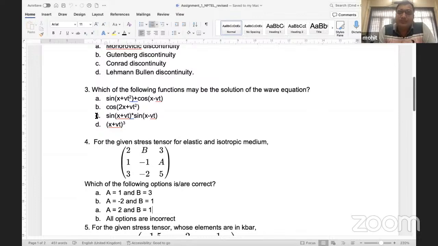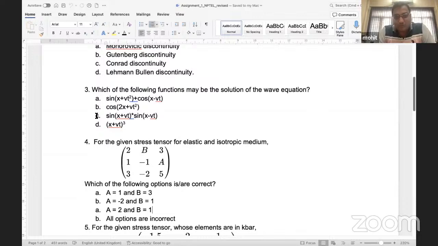The solution should be in the form of a function of x plus or minus vt. So any function of x plus or minus vt should be a solution of the wave equation.